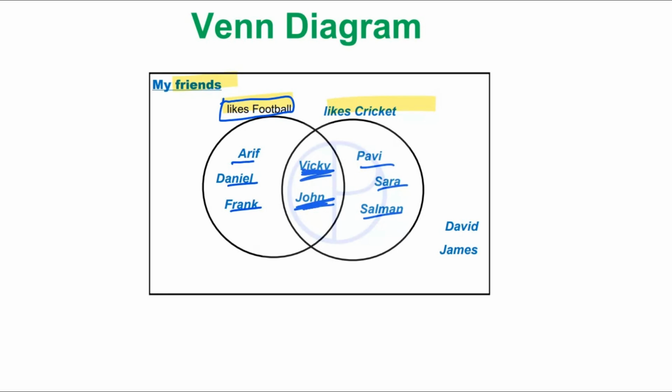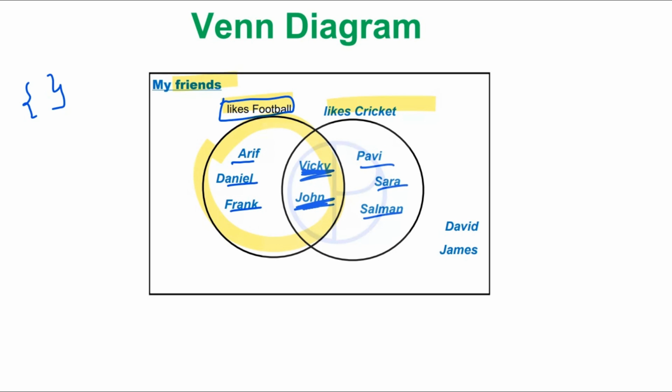So a Venn diagram is a way to show these relationships between what we call sets. This circle here represents one set and the people in this set. Set notation is just a little curly bracket. And a set is simply a collection of items.